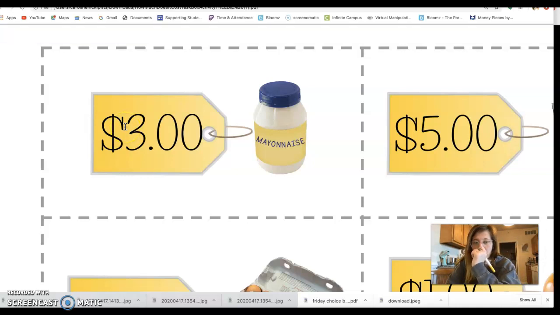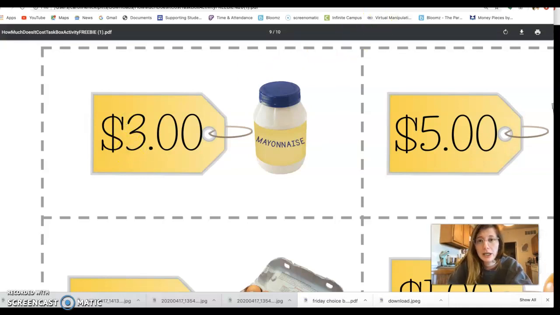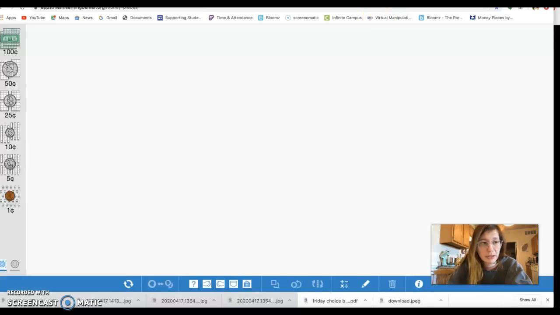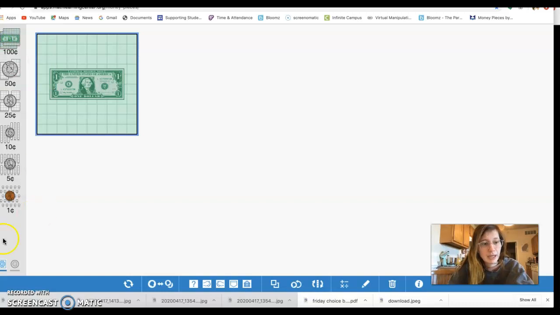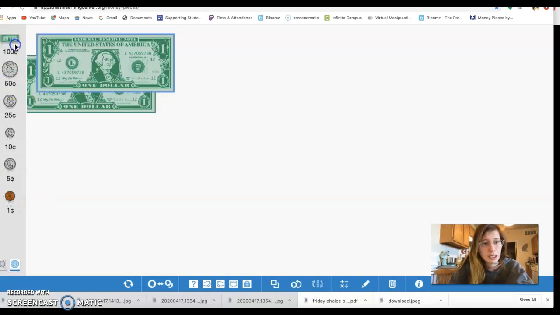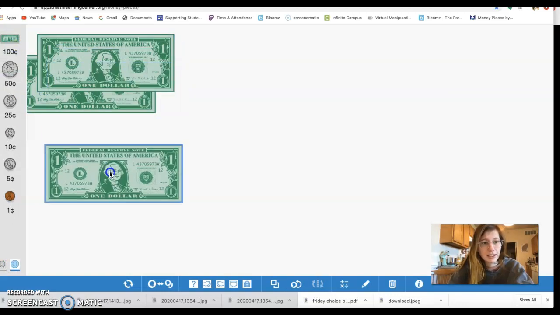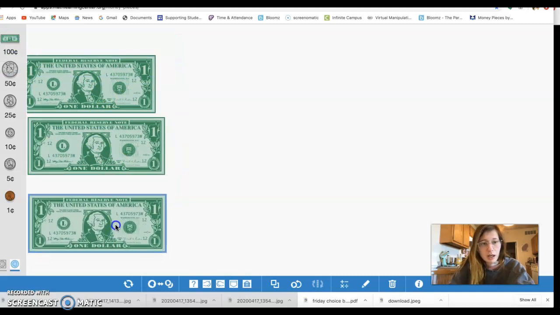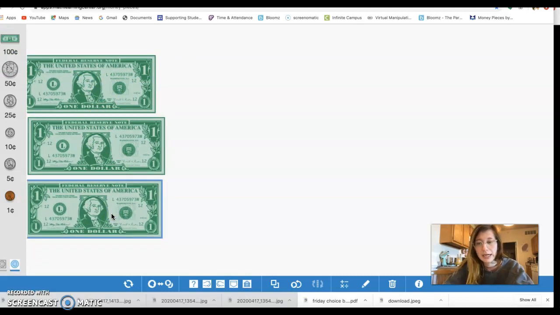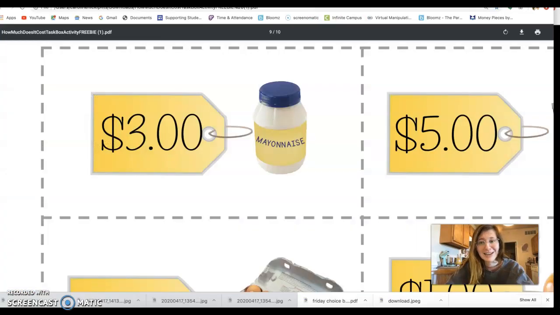Because that's where the dollar amount is. So $3. So go ahead and show me. I'm going to show you what we're doing. So I'm going to show $3. 1, 2, and 3. All right, so you should have $3 out and ready to hand to your parent to pay up.